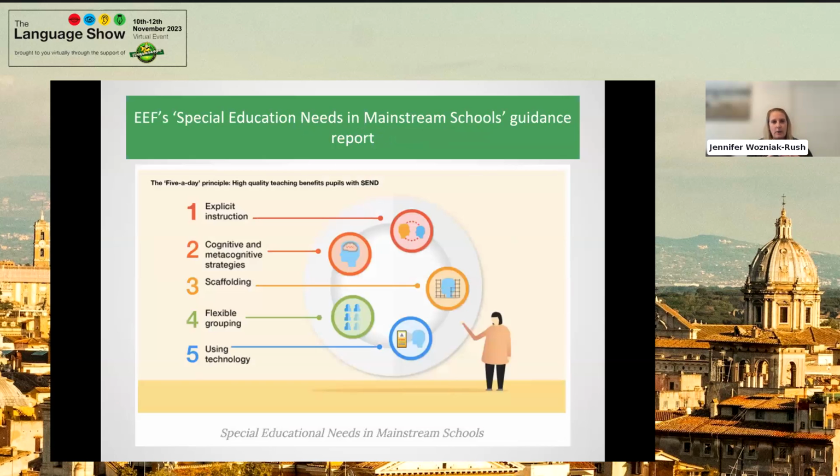Then I just slightly wanted to mention very quickly the EEF 5-a-day. The 5-a-day is, when you look at it: explicit instruction, cognitive and metacognitive strategies, scaffolding, flexible grouping, and using technology.